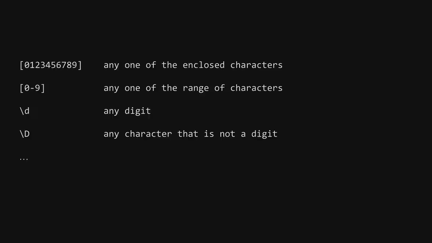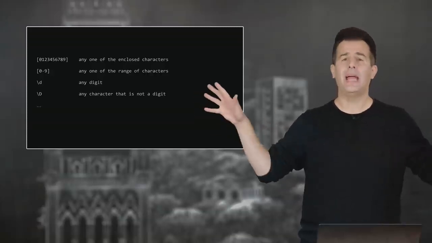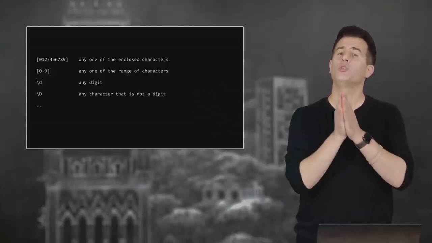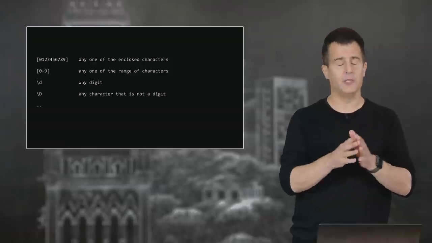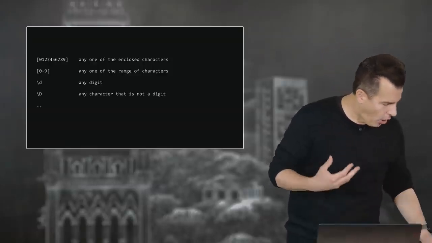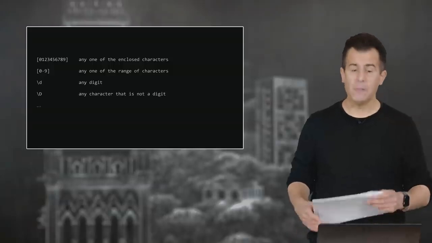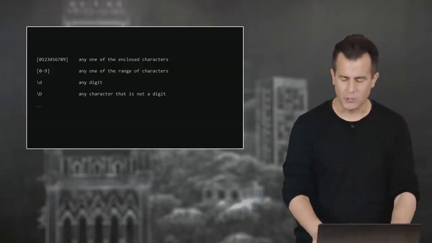Or you can do the opposite, \D, which means anything except a digit. So long story short, and I'm very much waving my hands at some of the details here, there's this whole symbology that humans have come up with in different languages via which you can represent patterns. So this is all to say that I could come up with my own pattern for an email address, even though it's not going to be as good as the browser's own.